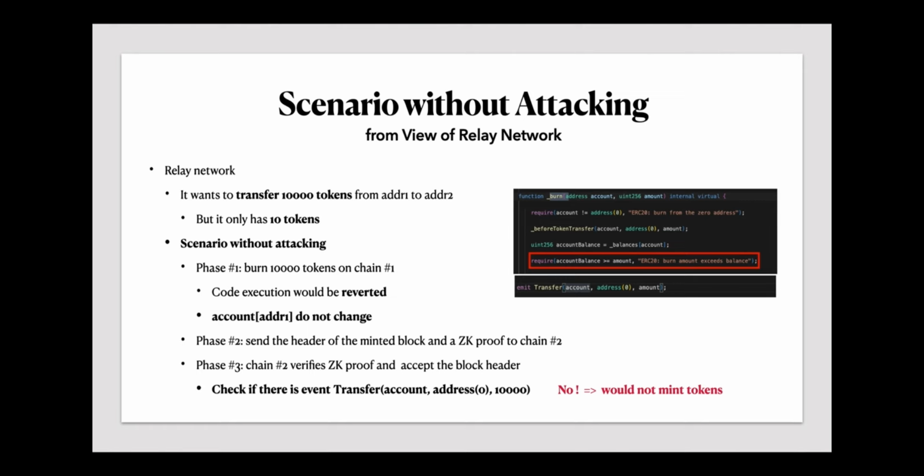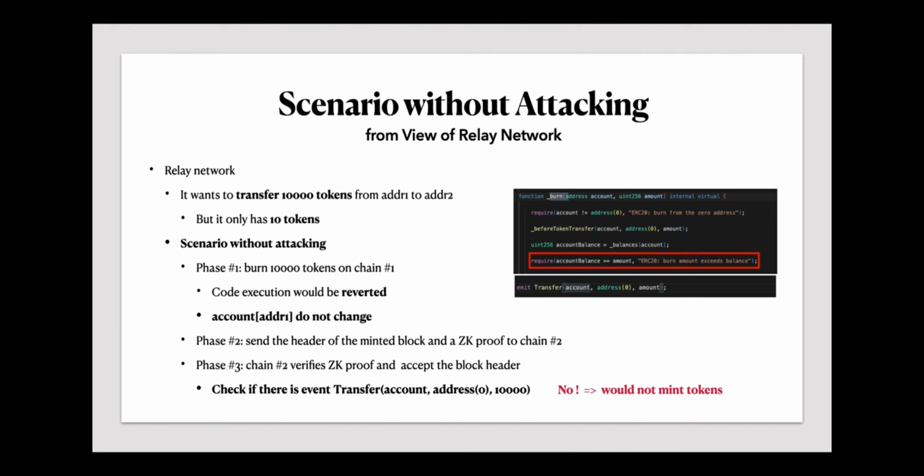In the general normal situation, phase 1 is going to burn 10K tokens on chain 1, and then the code execution would be reverted, because account address 1 only has 10 tokens. Basically, the value did not change.